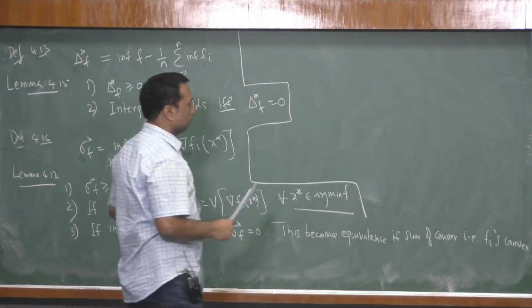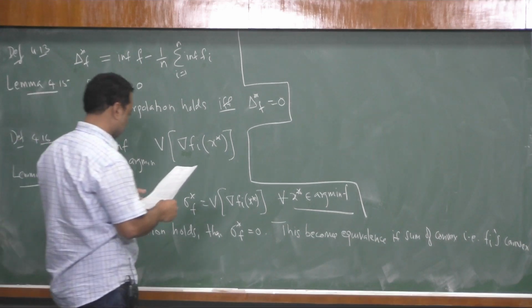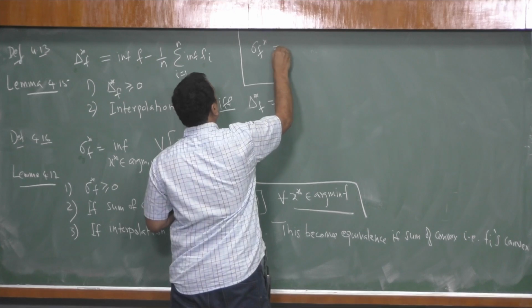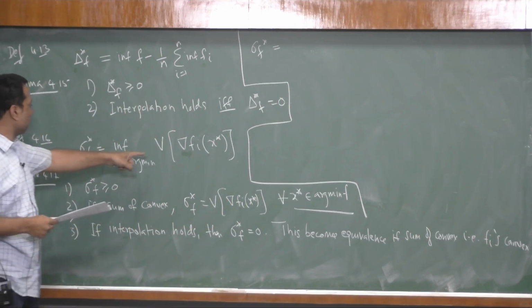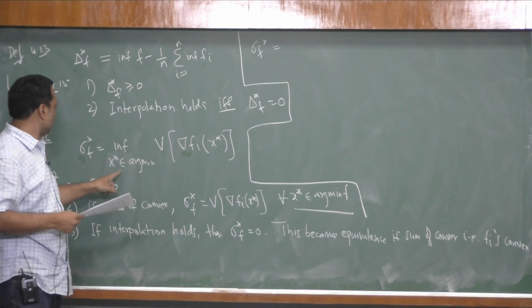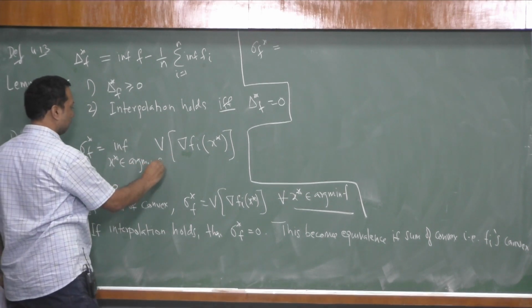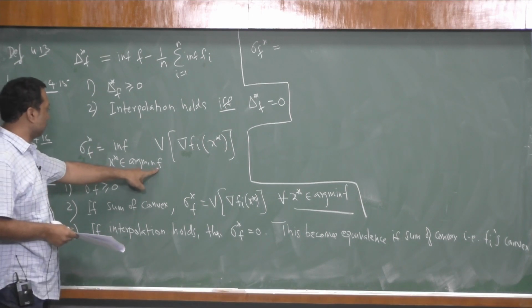Let us start with sigma f star. This we know is an infimum over all x star, which is a minimizer of f, coming from the argmin of f.